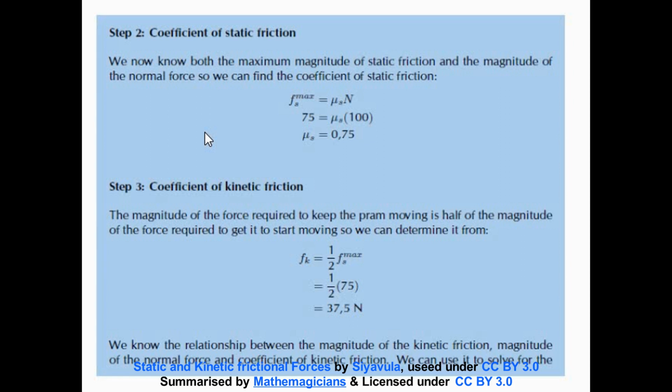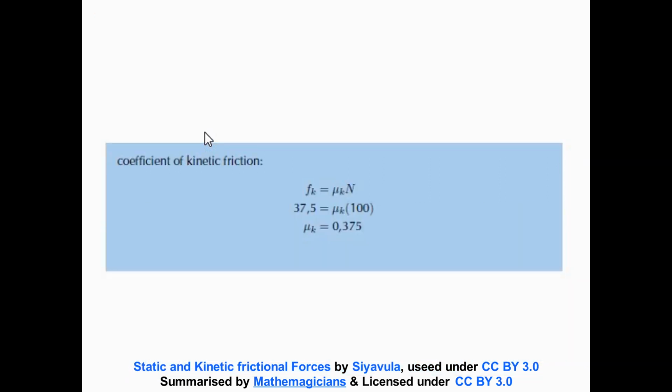Now we know the relationship between the magnitude of the kinetic friction, the magnitude of the normal force, and the coefficient of kinetic friction, and we can use it to solve for the coefficient of kinetic friction. Fk is equal to mu k times N. We know what Fk is; we worked it out on the previous slide.